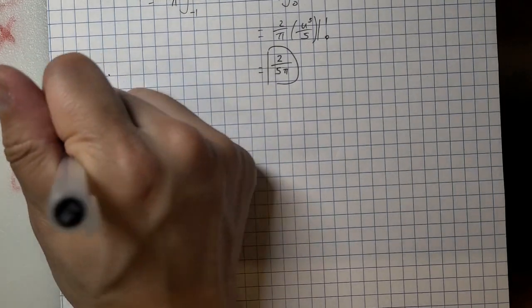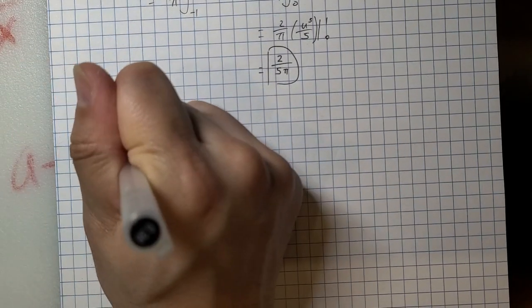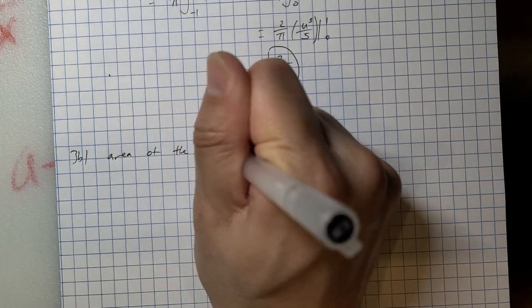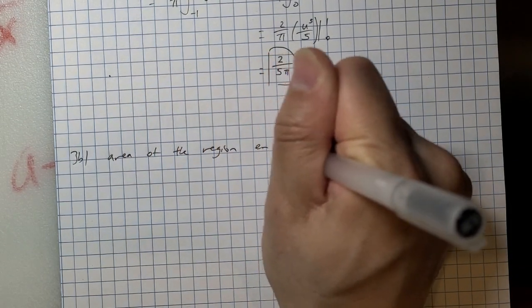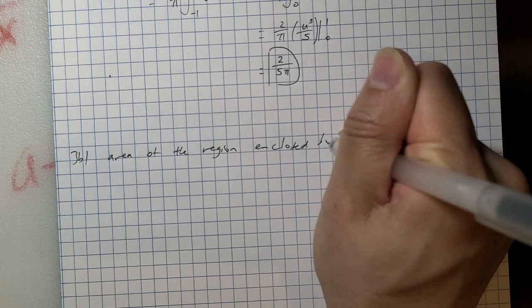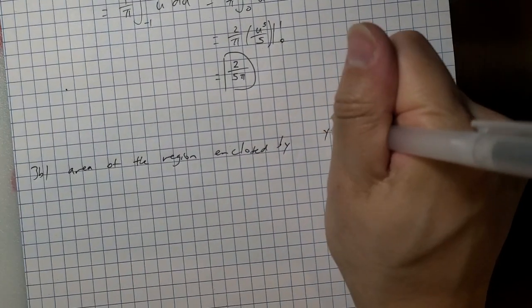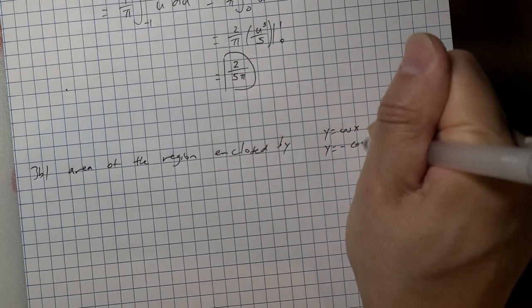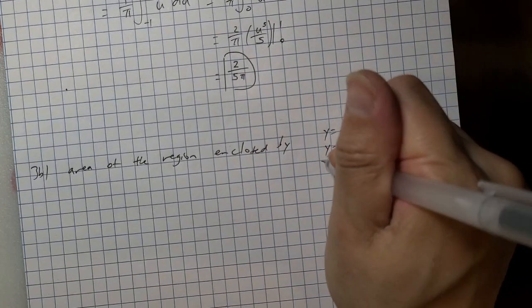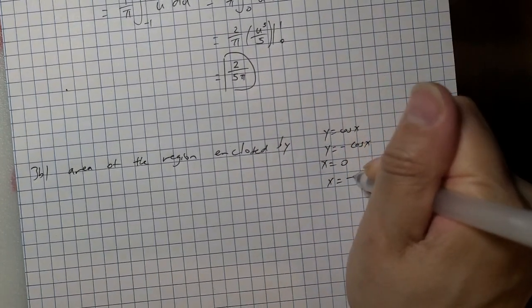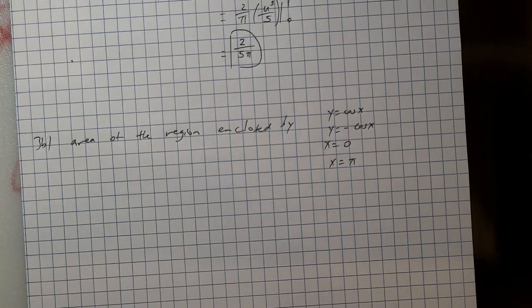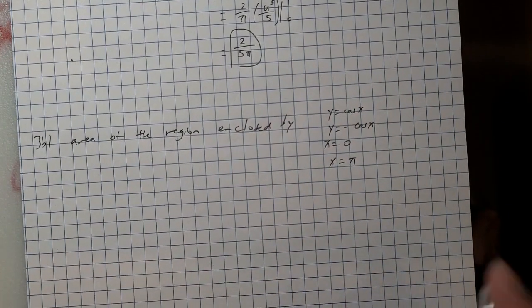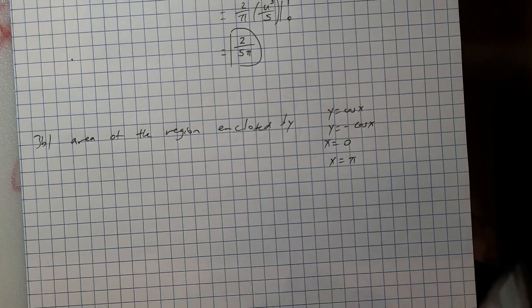Okay. 3b, we're asked to find the area of the region enclosed by y is cosine x, y is minus cosine x, x is 0, x is pi, by these 4 curves. So the go-to is you should sketch this region.